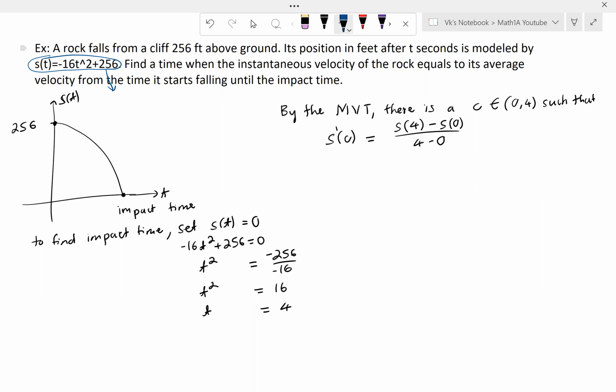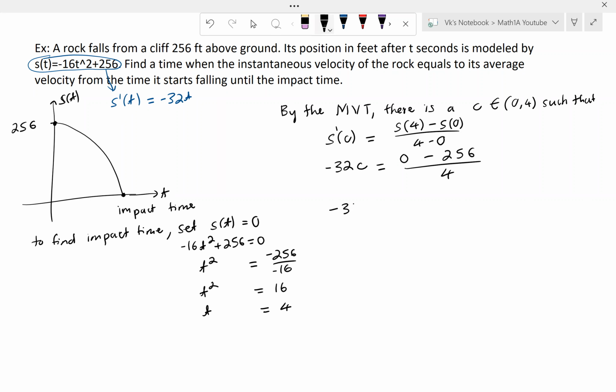We have s(t), so s prime t is -32t, and therefore s prime c is -32c equals s(4), which is the position when the rock impacts the ground, which is 0, minus s(0), the initial position, that is the height of the cliff, 256, over 4.